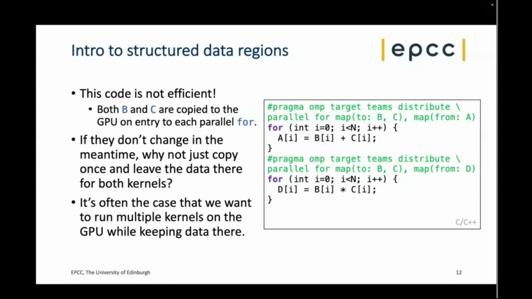If you look at the loop below, similarly, we still want B and C on the device, and we want to get data from D back.